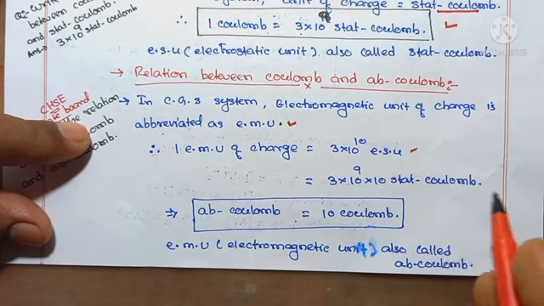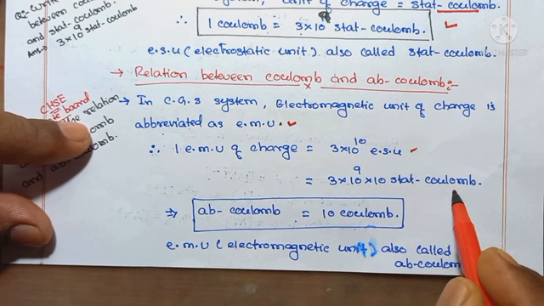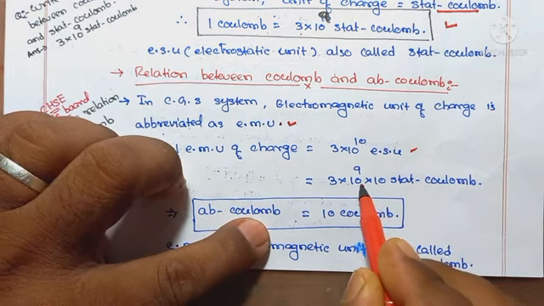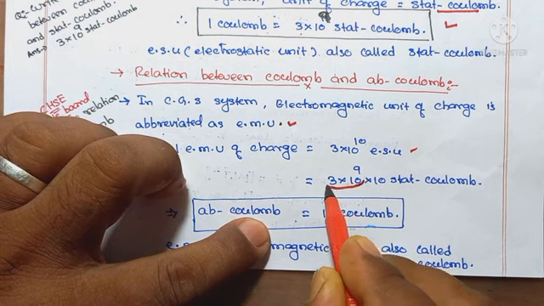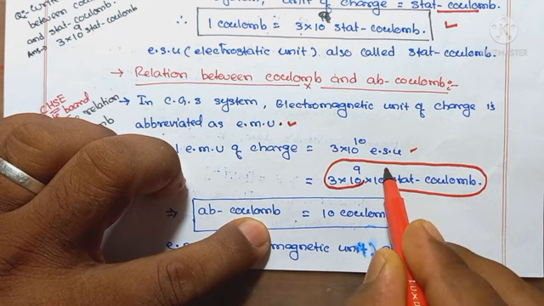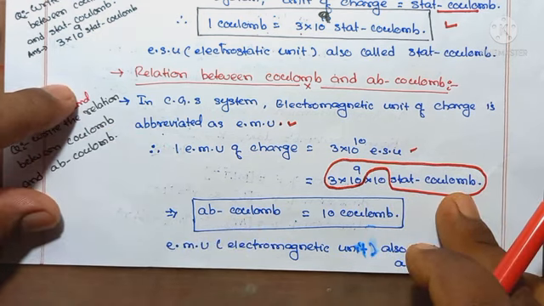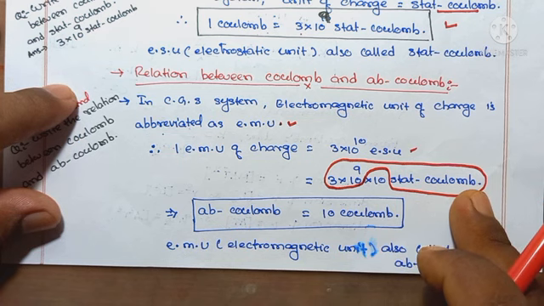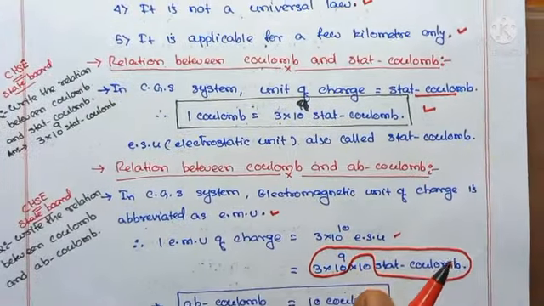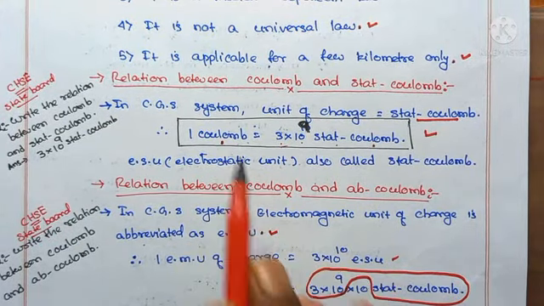So ESU is also called statcoulomb. So 3 into 10 to the power 9 statcoulomb is equal to 1 coulomb, because previously we studied that 3 into 10 to the power 9 statcoulomb is 1 coulomb.